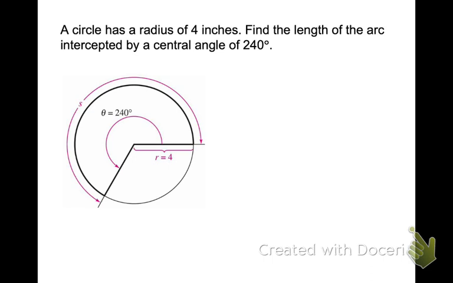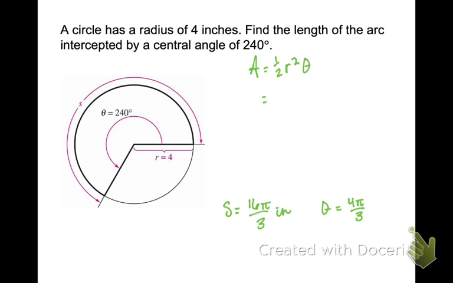So, area. We found s to be 16 pi over 3 inches. And theta was 4 pi over 3. I should have known that one anyway. Okay, so one half r squared theta.